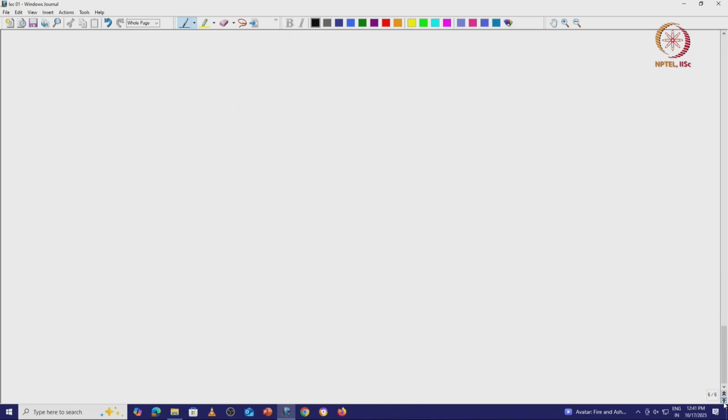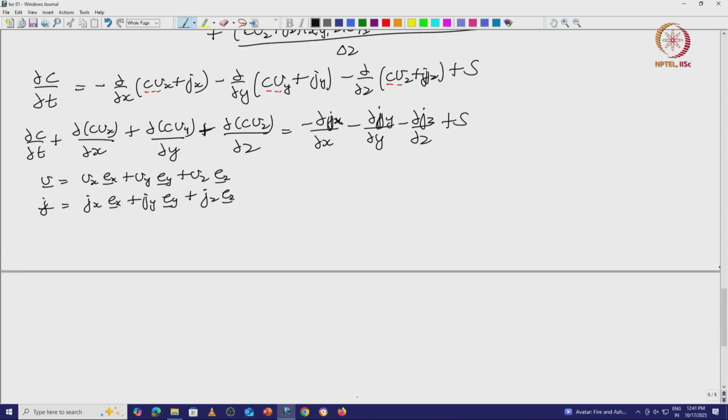And I can also define a vector derivative, this del, which is equal to e x d by dx plus e y d by dy plus e z d by dz.